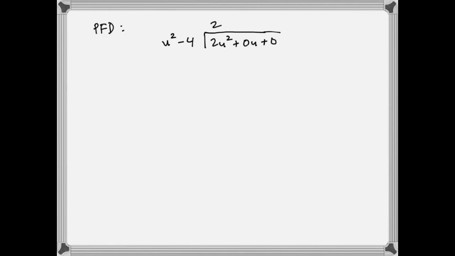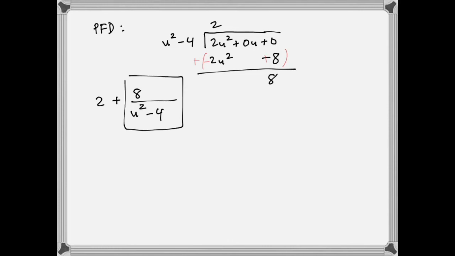If I multiply that, I get 2u squared minus 8. Then if I subtract, I get a positive there. So the only thing I end up with is a positive 8, right? So I get 2 plus 8 over u squared minus 4. And so we're going to focus now our effort on this guy, okay?